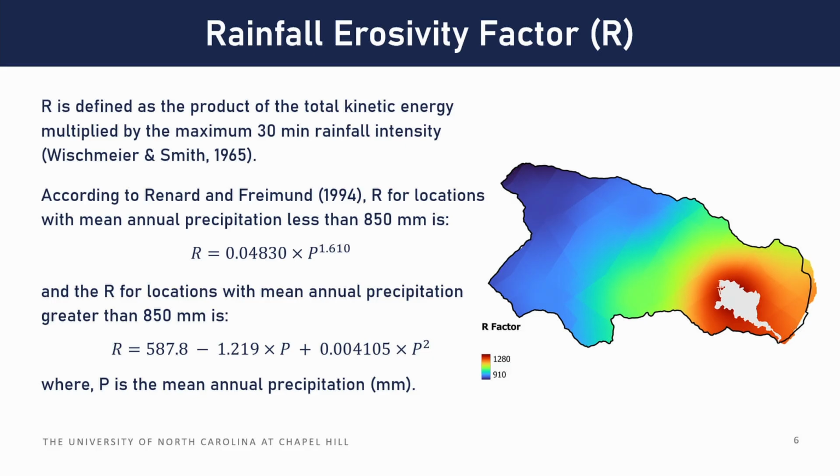It is the effect of rainfall on soil erosion. It is defined as the product of total kinetic energy multiplied by the maximum 30-minute rainfall intensity. It can be calculated using different empirical equations. The one that I used is by Renard and Freeman 1994 for the calculation of R factor.